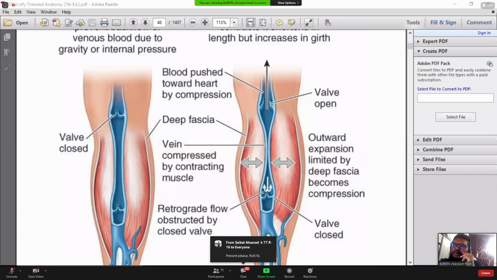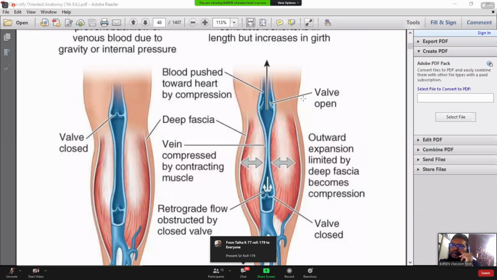These valves are not present in the upper extremity or upper limb veins, because in that case, these valves will hinder the return of the blood from the upper limb to the heart, as gravity is always acting, whether we are standing or sitting or lying down.